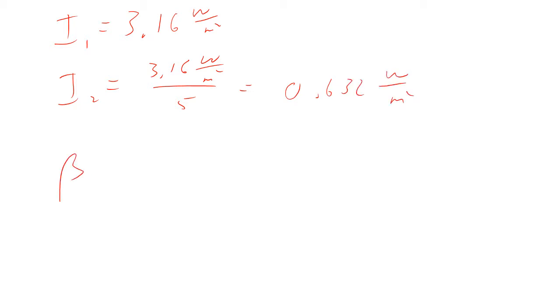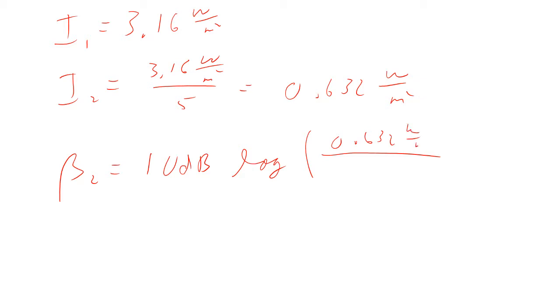That means the final sound level is going to be 10 decibels times the log of 0.632 watts per square meter divided by 10 to the minus 12 watts per square meter. So the final sound level is going to be 118 decibels.